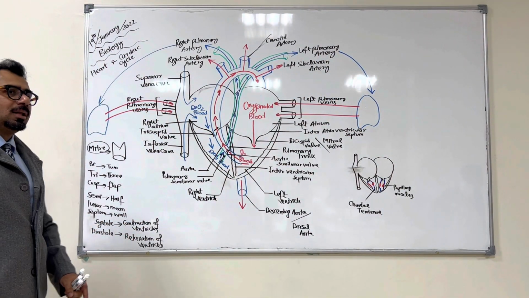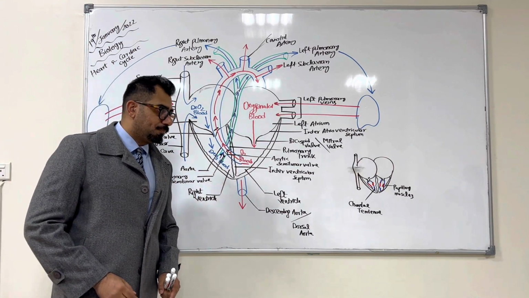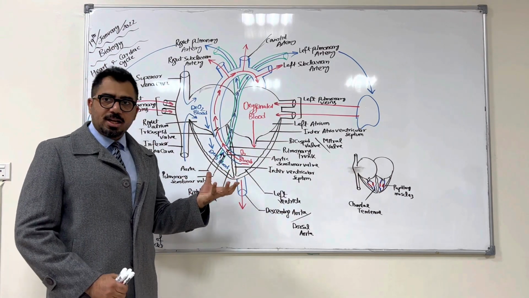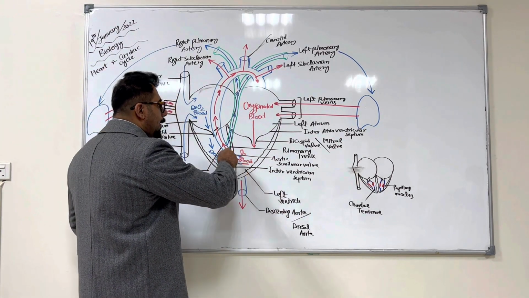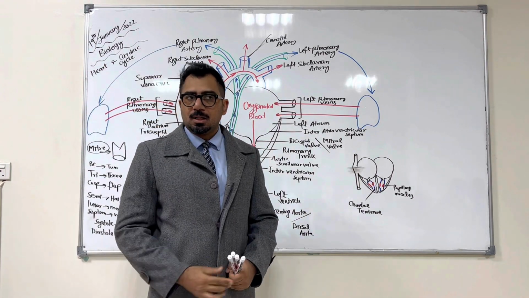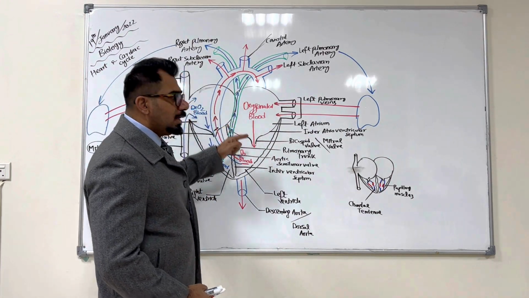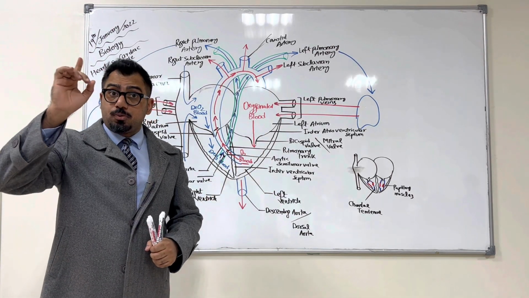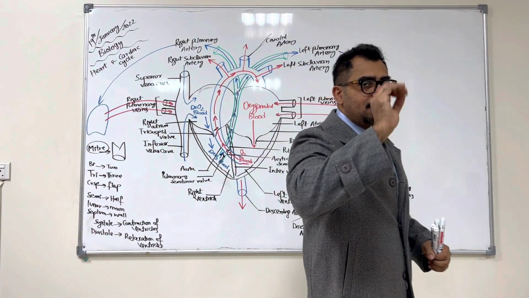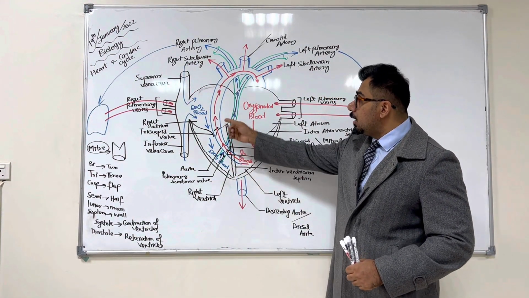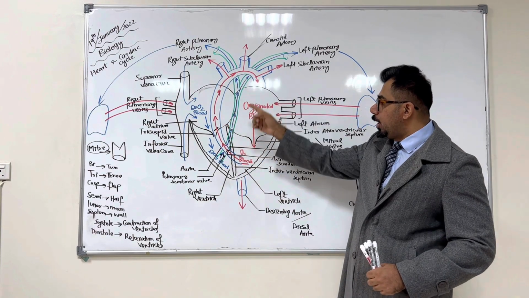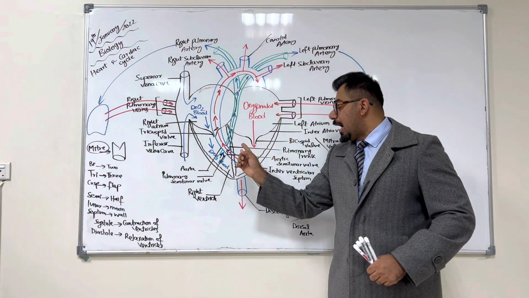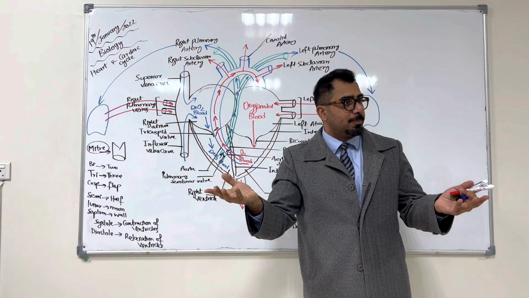Come back to systole and diastole. Now when the ventricles contract, the left side will pump the blood into the aorta. The right side will pump the blood into the pulmonary trunk. Right? At that time, what will happen? Guys, this is a very interesting fact we are going to discuss. After most of the blood has flown into the aorta and pulmonary trunk, the pressure in the aorta and pulmonary trunk will be high and the pressure in the ventricles will become low because there is less blood now.